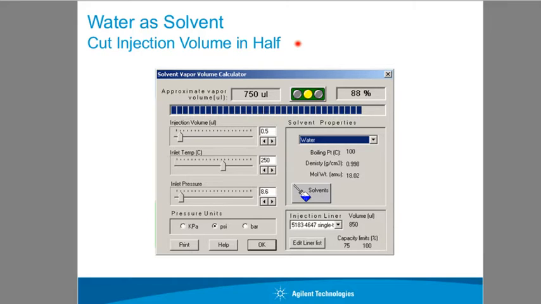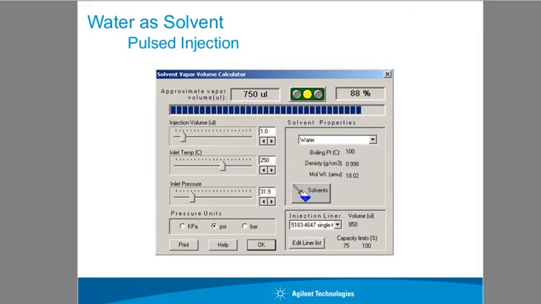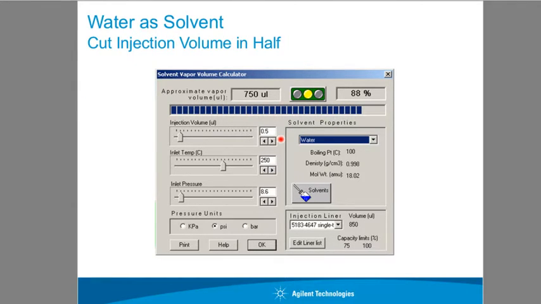Now, that may be fine and dandy, but what happens if you need the sensitivity? So you need the 1 microliter. This is where we can actually use some of the functionality of the inlet, and we can do a pulsed injection. Going back here, this is the half microliter injection again.